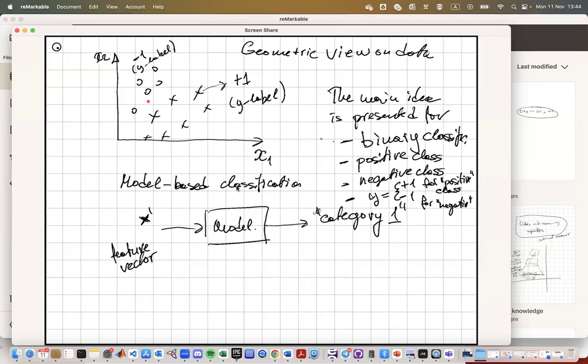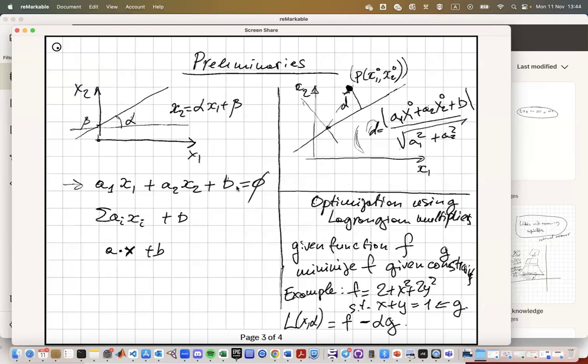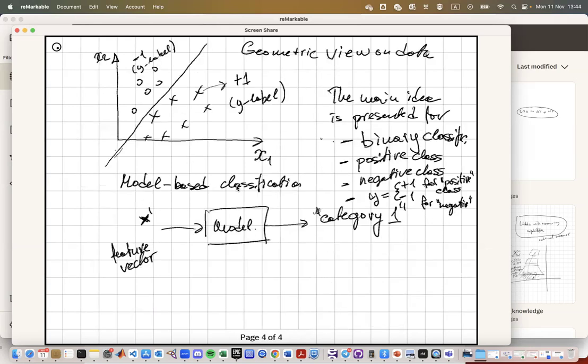And again, the simplest case for the reasoning is a linear classification. It means that our model is actually a line which can be defined in this very way.